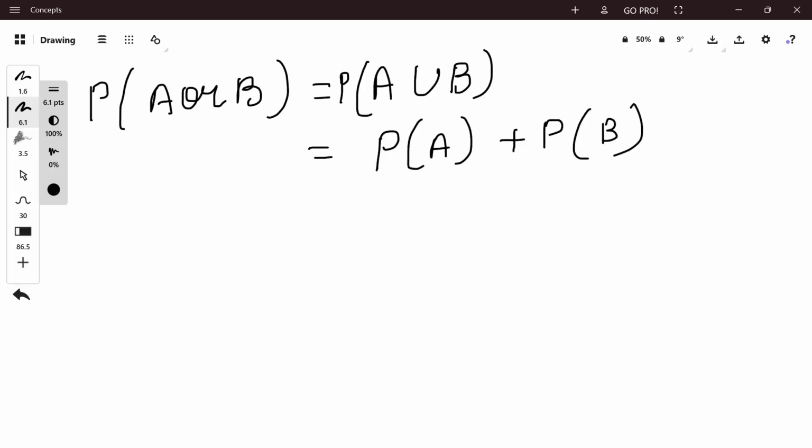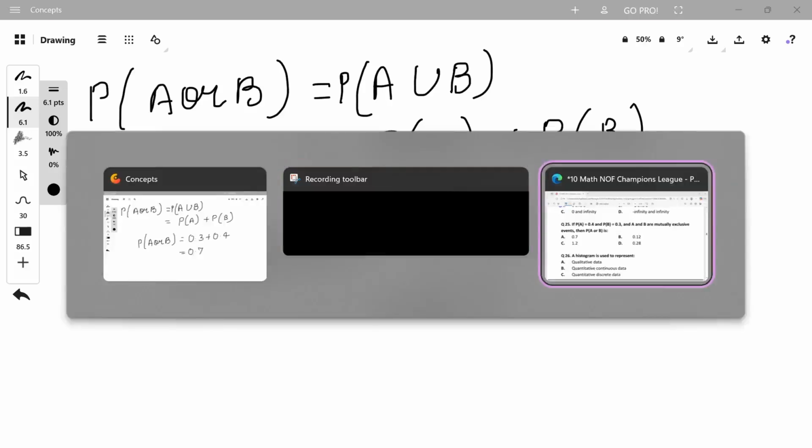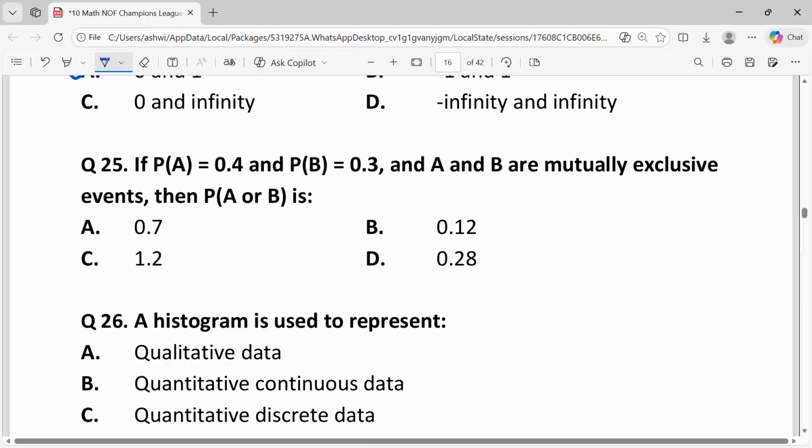Given P(A) is equal to 0.4 and P(B) is equal to 0.3, P(A or B) is equal to 0.3 plus 0.4, which is equal to 0.7. From the options, the answer is A, 0.7.